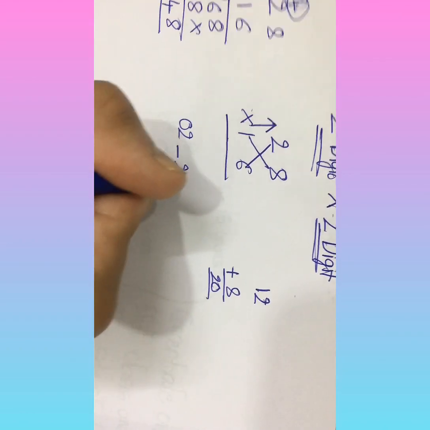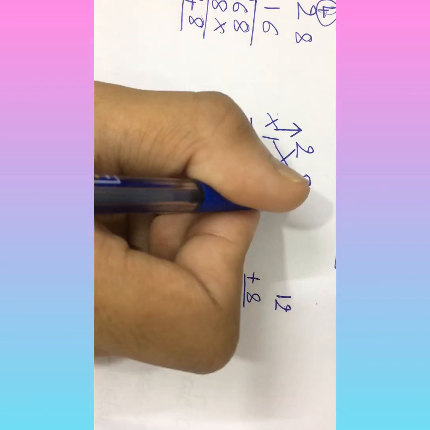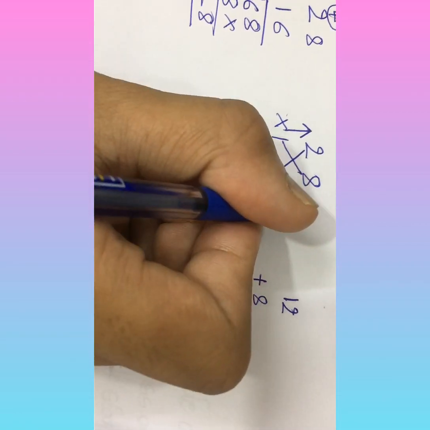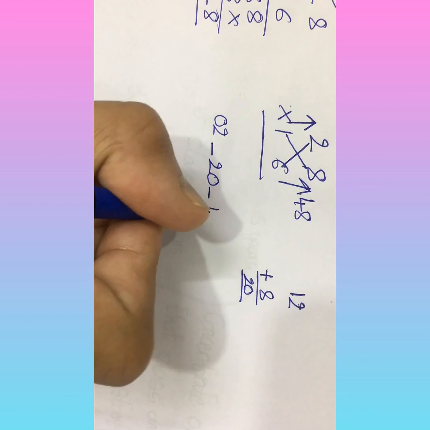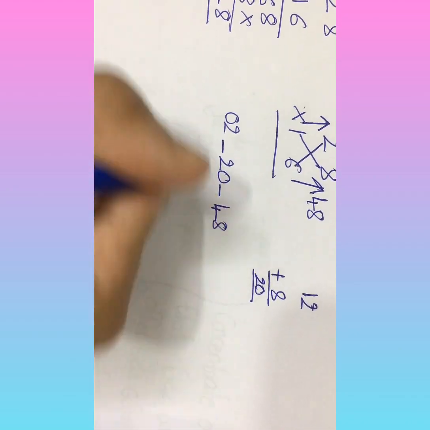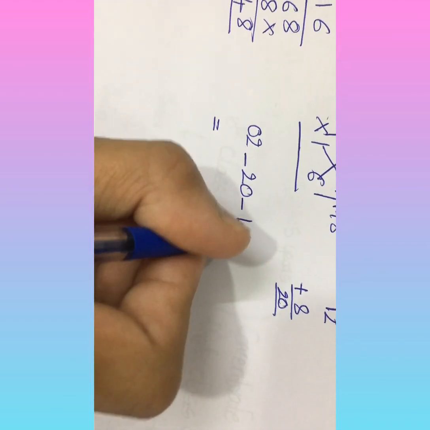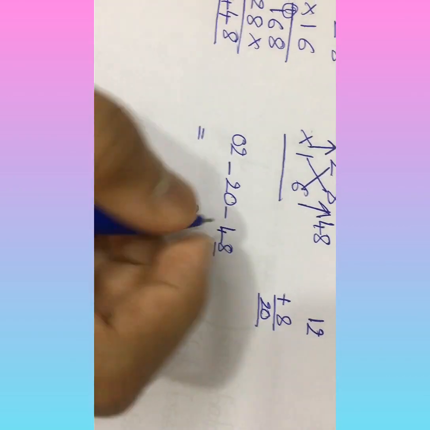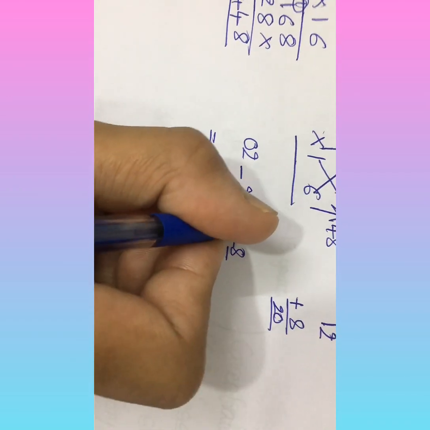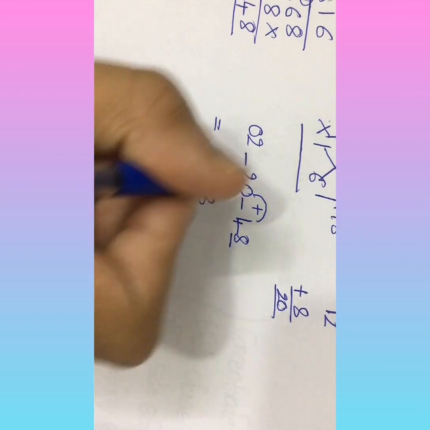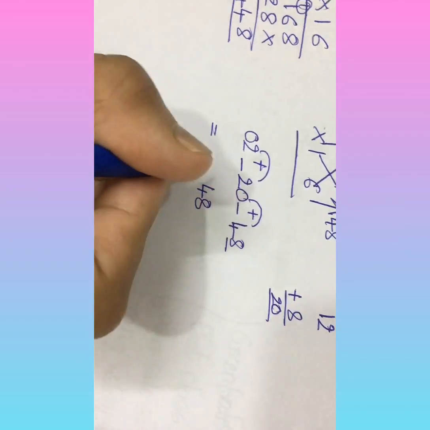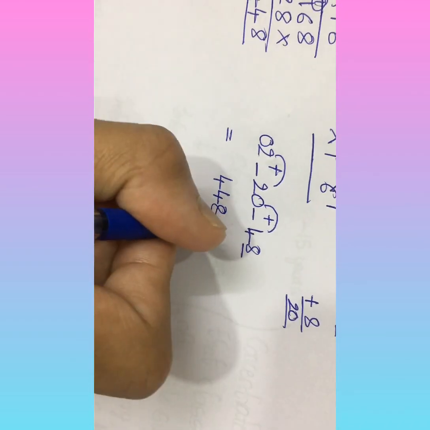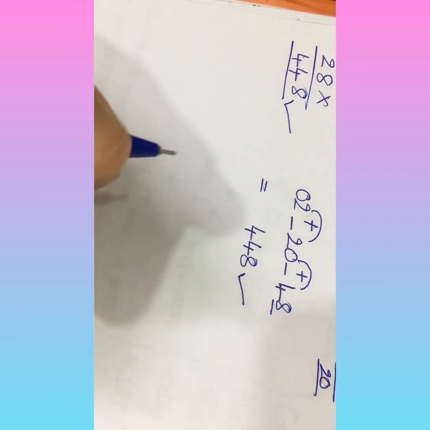So here we write 20, and the next step is 8 into 6, that is 48. So here we write 48. Now the answer: 8 as it is we write, and now we add 4 plus 0, that is 4, and next we add 2 plus 2, that is also 4. So the answer is 448, and 448.